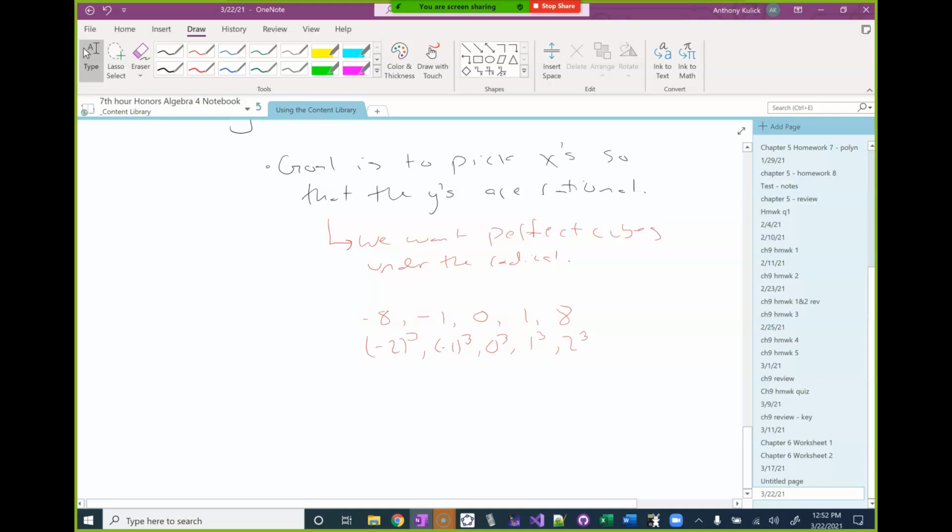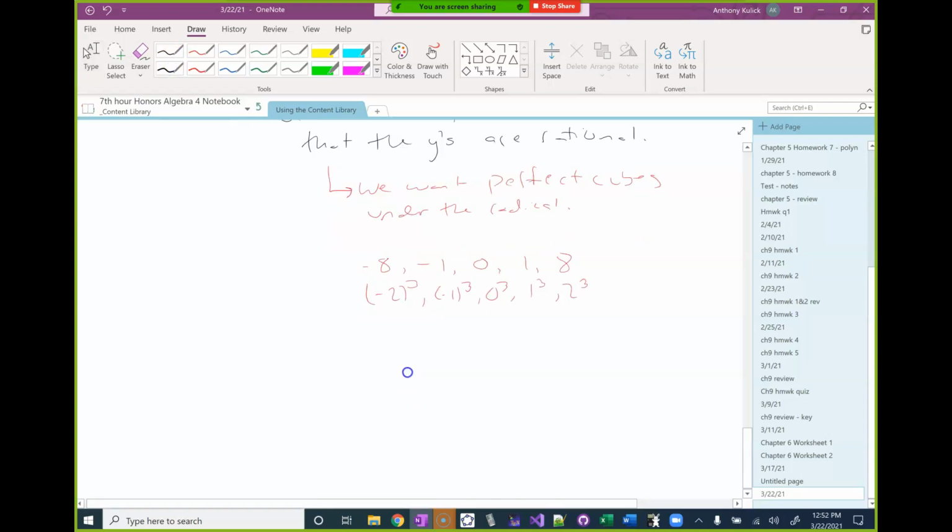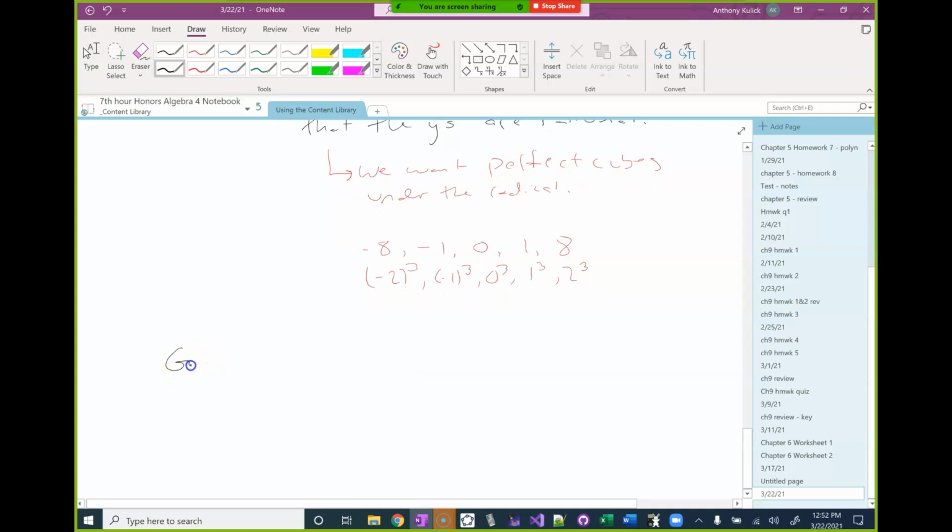So let's just write down our generalization, then we'll draw our graph after that. Because the generalization is going to basically be the same thing as square roots, except now let's write it with the perfect cube. Except we're using perfect cubes instead of perfect squares.